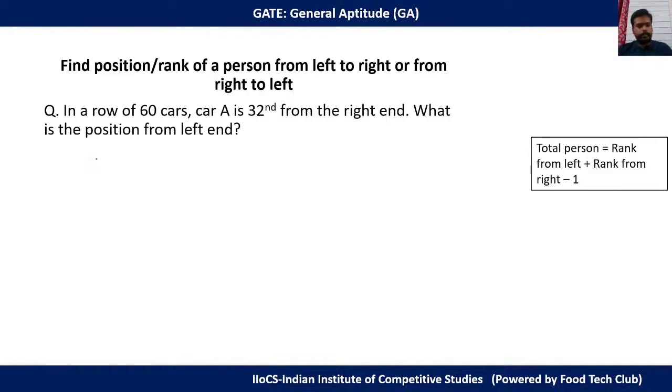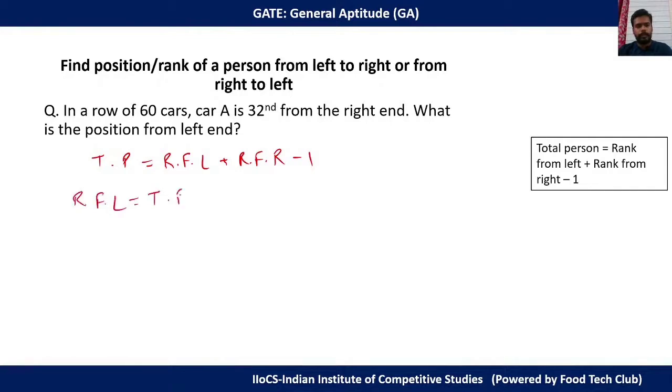Let's write the formula itself. Total person equals rank from left plus rank from right minus 1. Total person is given here. Now what do I have to find out? I have to find out the position from the left hand, so rank from left, RFL. What will be rank from left?